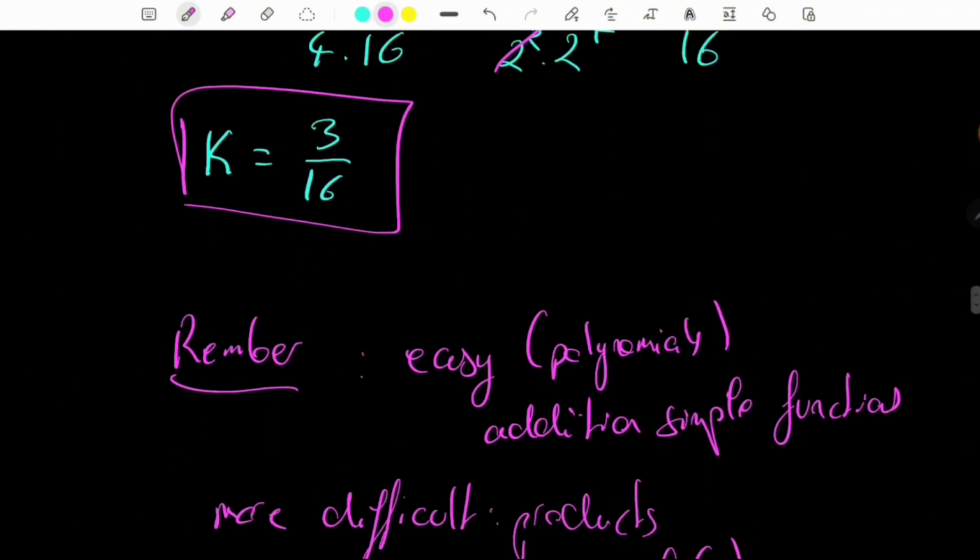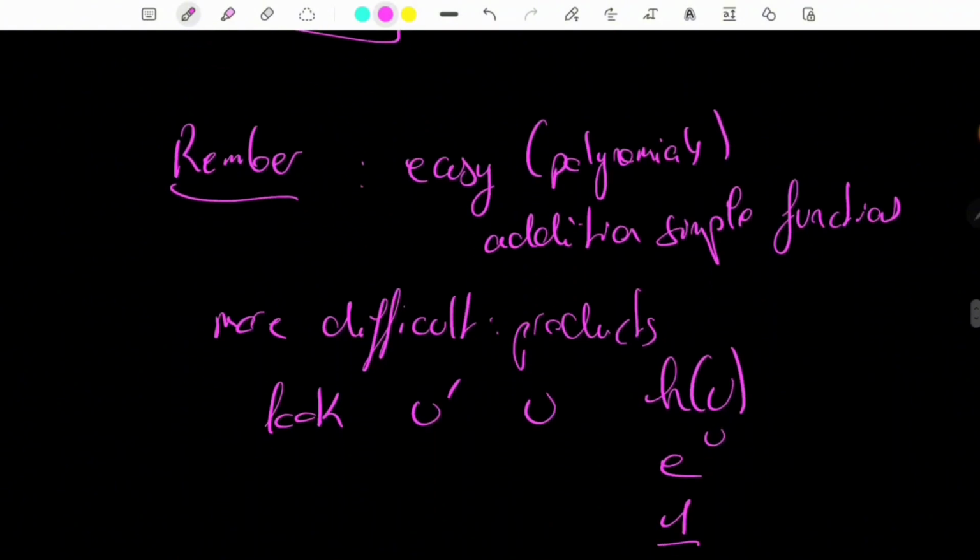And we are done. What you have to remember is that you can find some easy functions to integrate: the ones you know, logarithm, exponential, polynomials, and additions of simple functions.